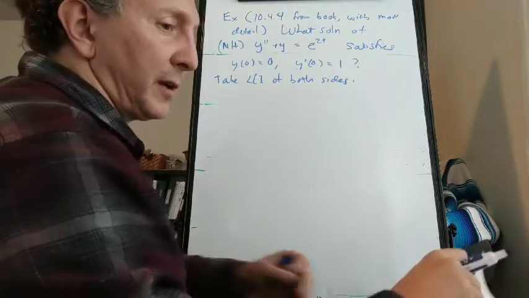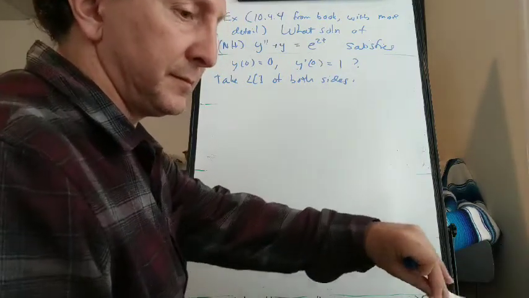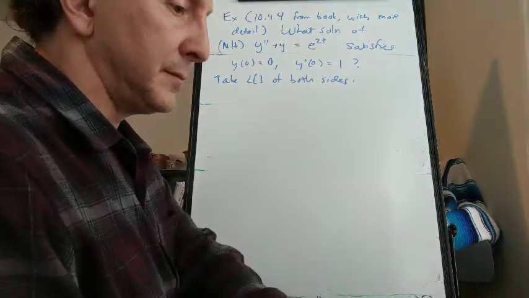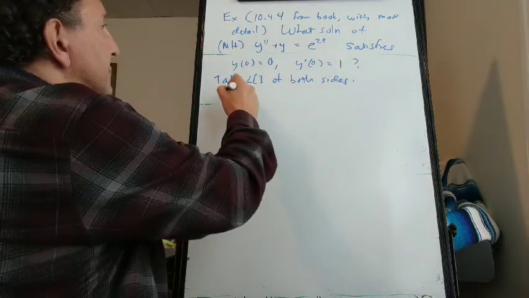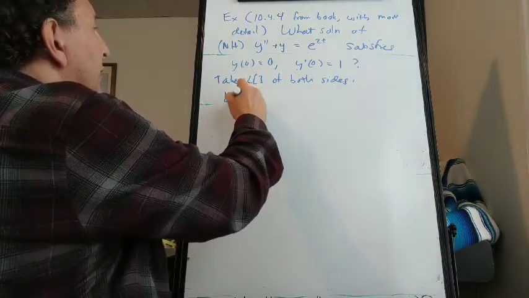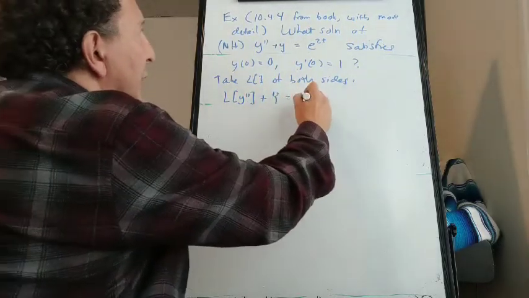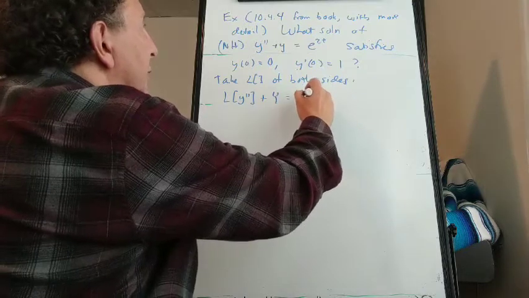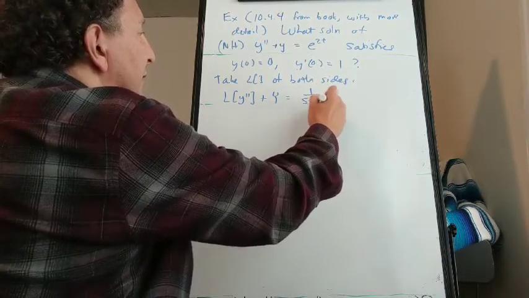So to start, we take the Laplace transform of both sides. So we have the Laplace transform of y double prime plus capital Y equals the Laplace transform of e to the 2t, which is 1 over s minus 2.